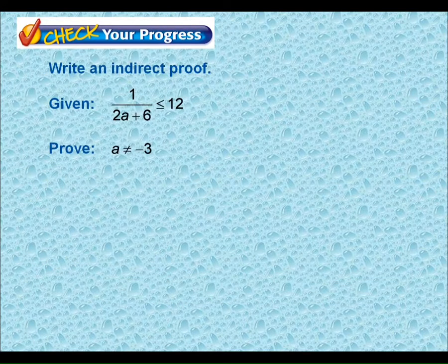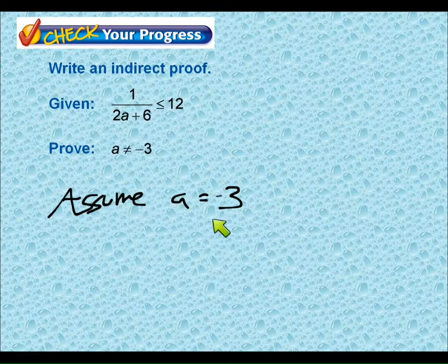So given this one, let's set this one up that way. Our first step, since it gives us our given and prove here, is we're going to assume what? That a equals negative 3. So we're going to assume a equals negative 3. Then we're going to solve it.